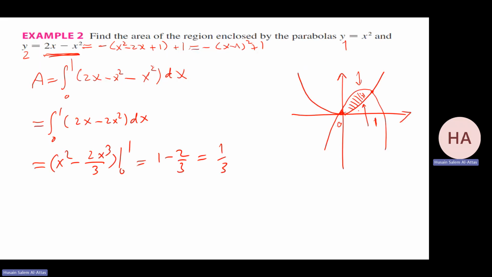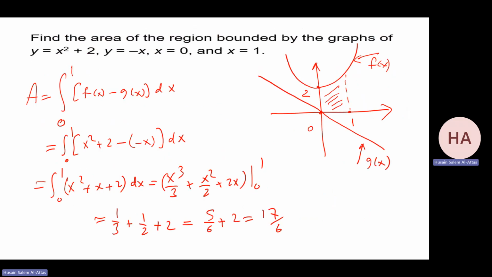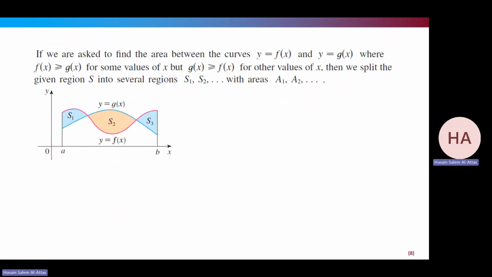All the problems we did before, we have a function minus a function. We have only one area, this area. We don't have different areas. Now, what if I have different areas, if the function goes up, then goes down?